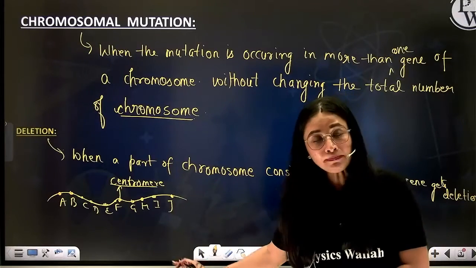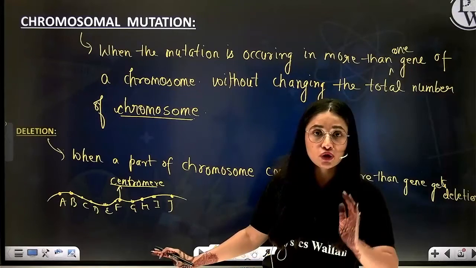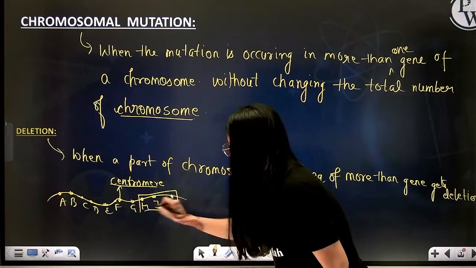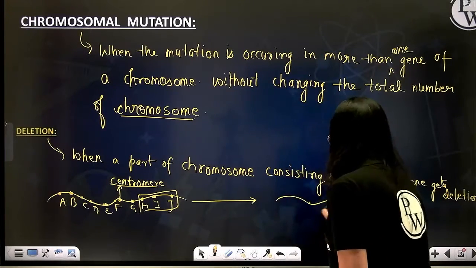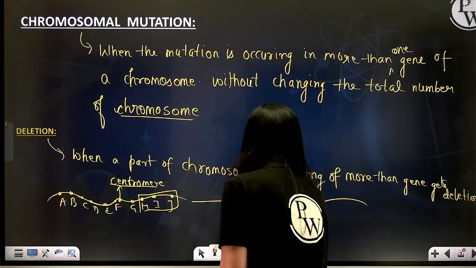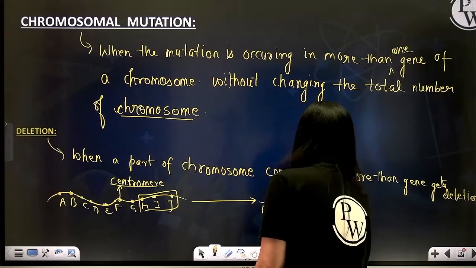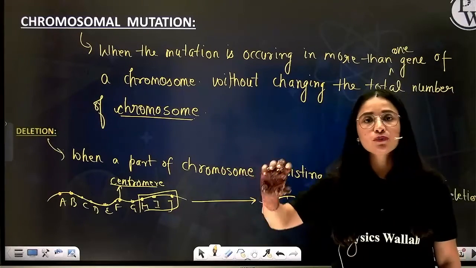Now, any part, maybe the upper arm or the lower arm of the chromosome, if it gets deleted. Imagine this portion of the chromosome gets deleted, a mutation occurs, and now the chromosome is only represented by genes A, B, C, D, E, F, G. Now, the H, I, J portion of the chromosome got deleted.